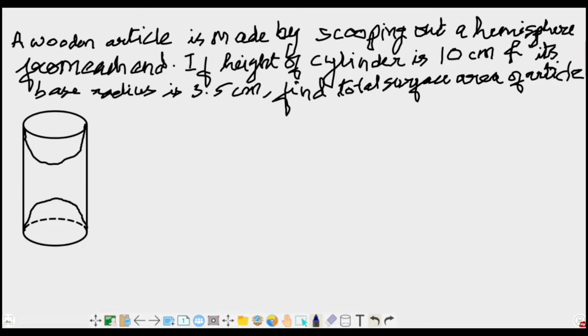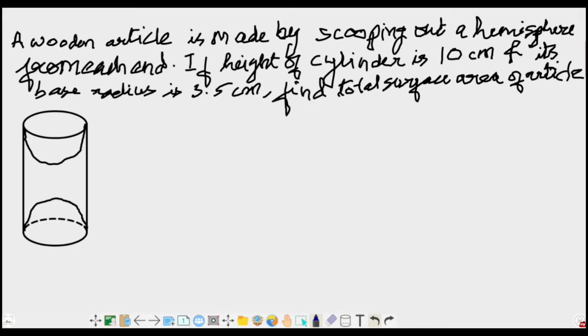In this case, total surface area doesn't mean the total surface area of each solid. It's a combination, so the surface area of an article means you have to consider the parts which are visible to you. When you scoop out the hemisphere from both ends of the cylinder, the curved surface area of the hemispheres is visible, and the curved surface area of the cylinder is visible.